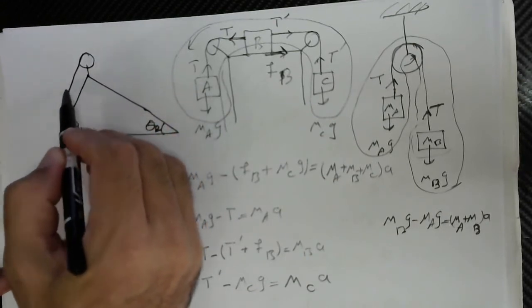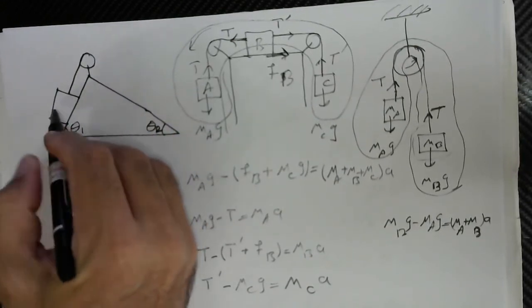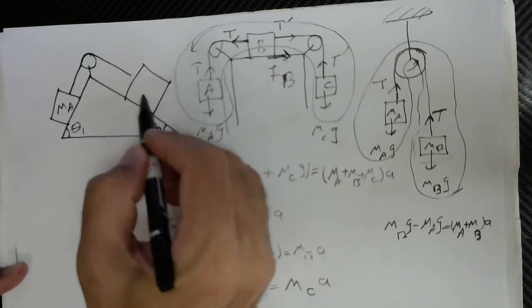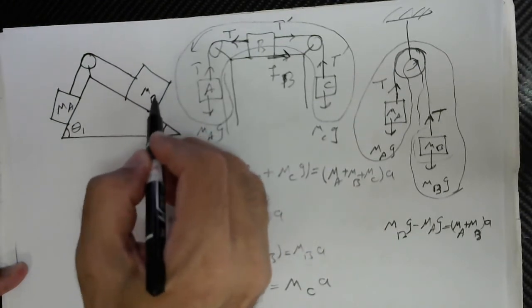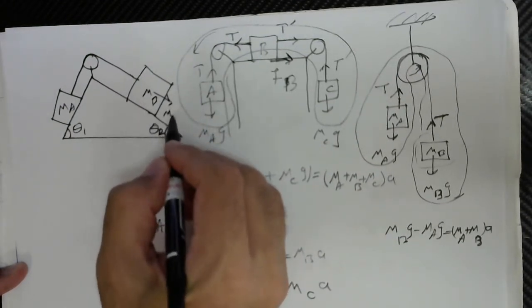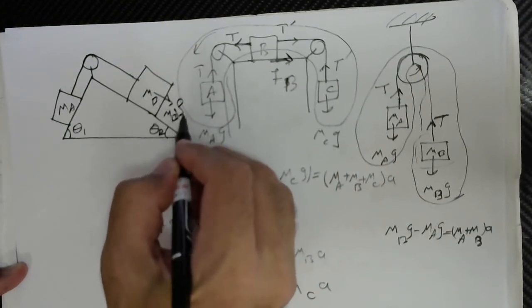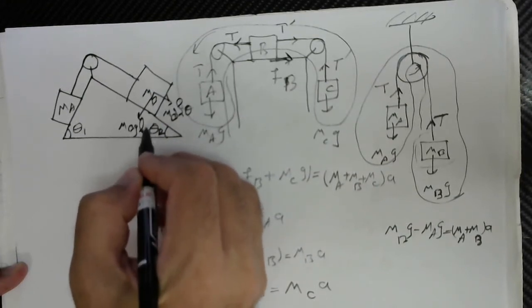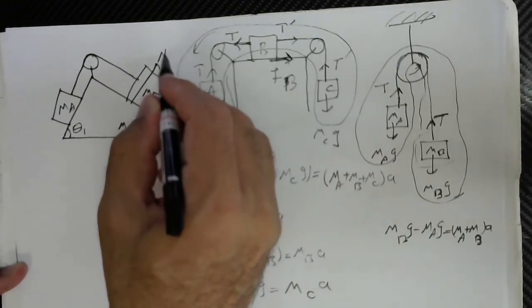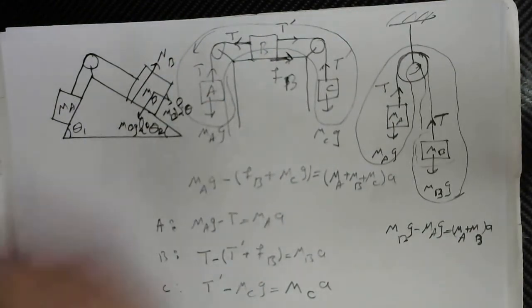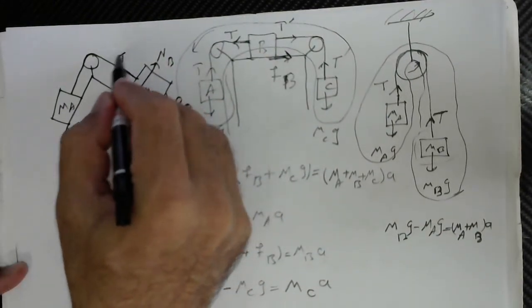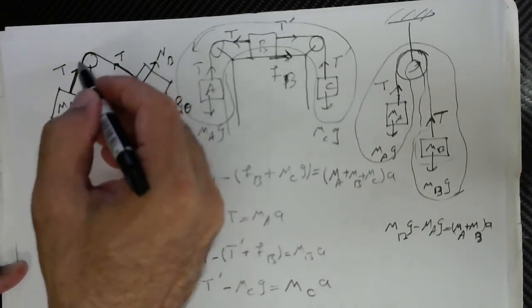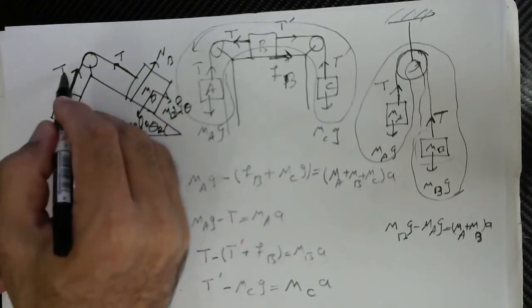Then you have the mass B. So this is MBG sine theta and MBG cosine theta and MB. There is a force of tension here which transfers through the pulley. It transfers here without changing the magnitude to A.